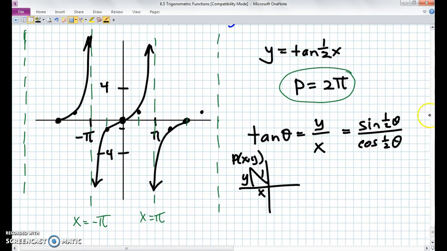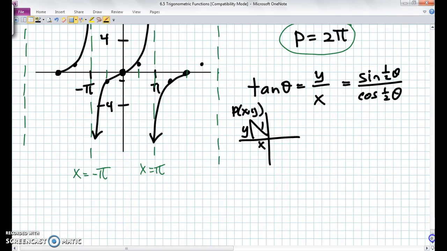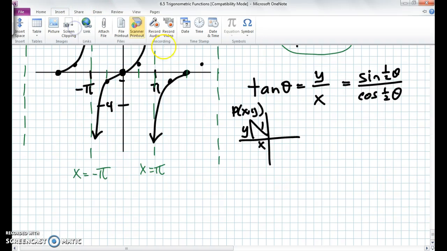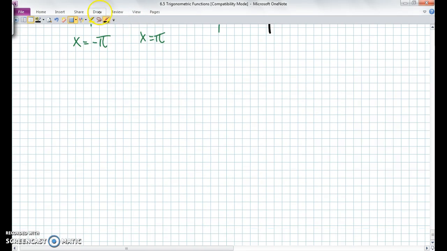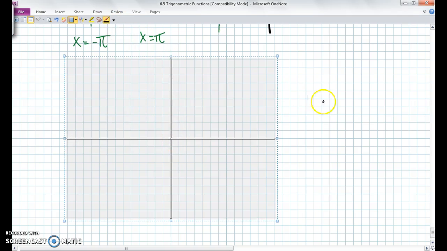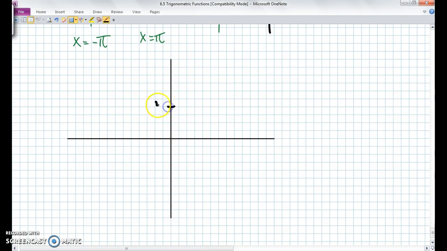So let's try the next one. Okay, so I'm going to set mine up the exact same way as yours. 4, negative 4, pi, negative pi.